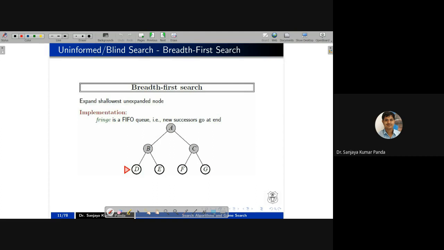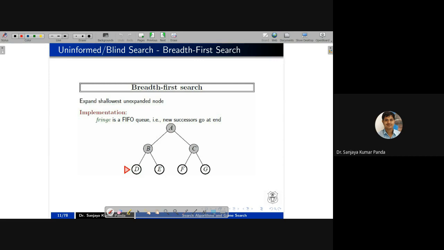Then you have to expand C. You got F and G. F is not your goal node, but G is your goal. Right? So this is nothing but one level-wise search. We are not searching based upon the depth, but based upon the breadth.